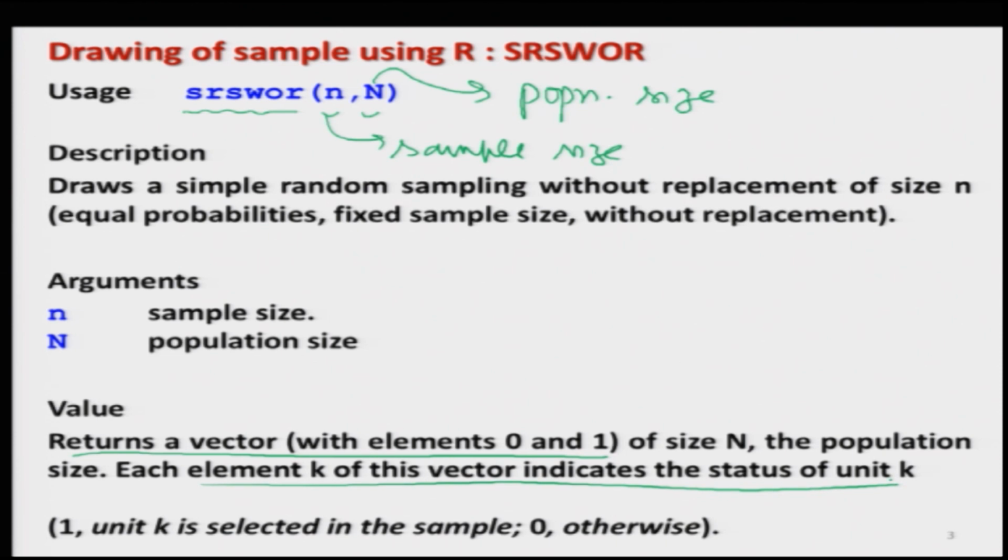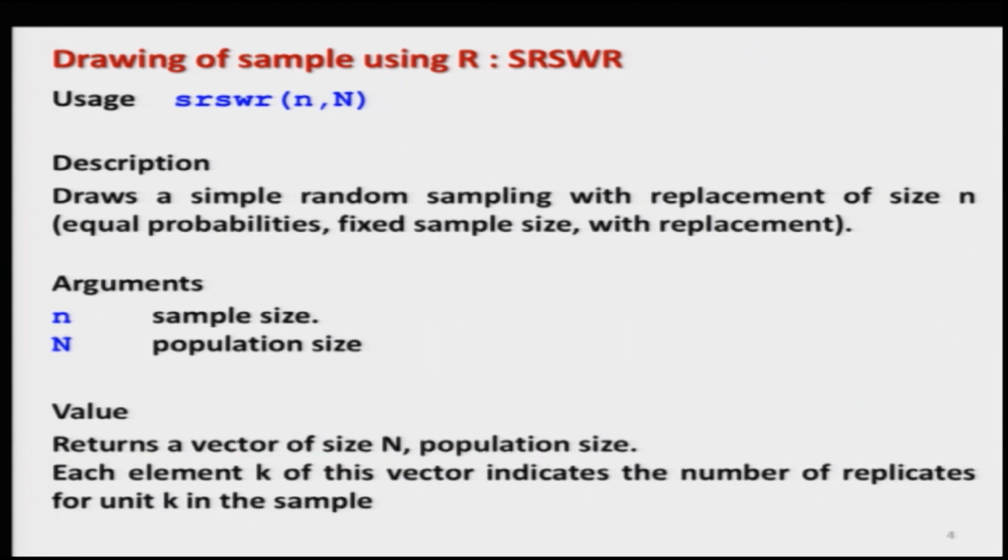That means if k is equal to 1, the unit is selected, and if k is equal to 0, then the unit is not selected. I will illustrate the meaning of k equal to 0 and k equal to 1 with some examples.